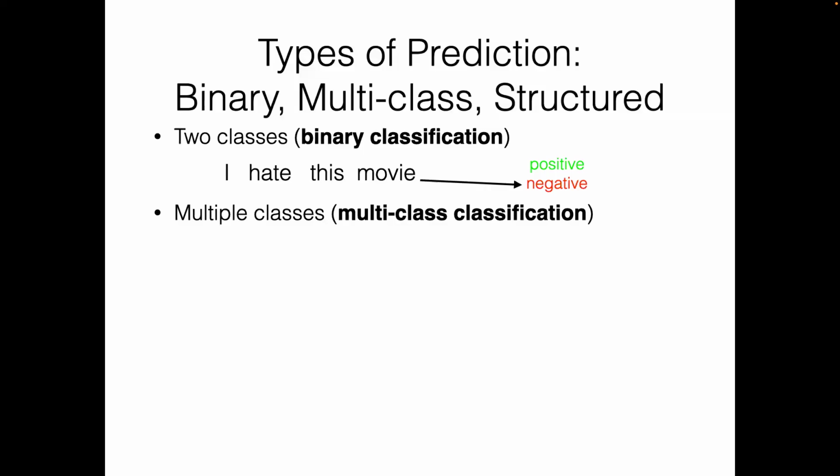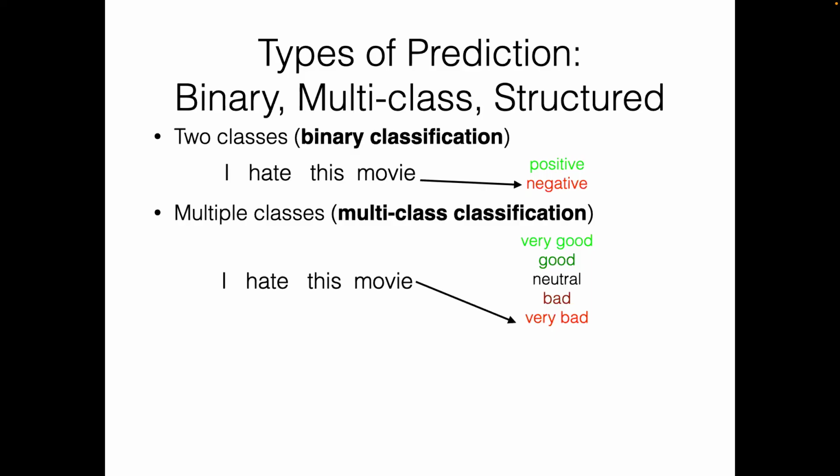And then with multi-class classification, you just go beyond two. So let's say that we have very good, good, neutral, bad, and very bad. And sorry, is there a question? And then we want to classify whether this movie review is in one of these classes.